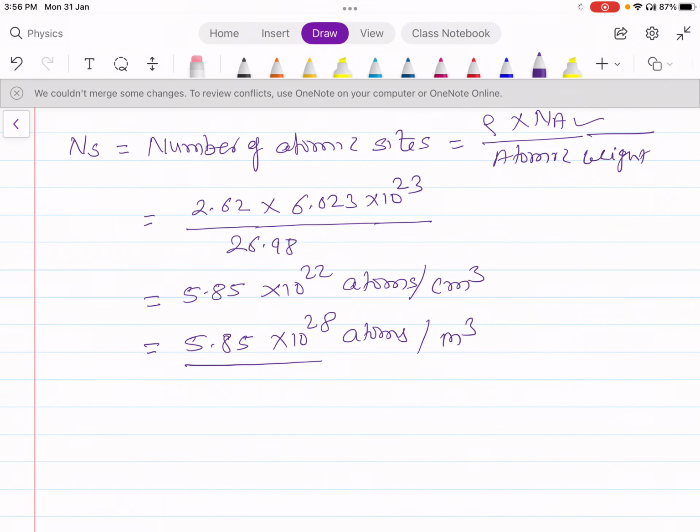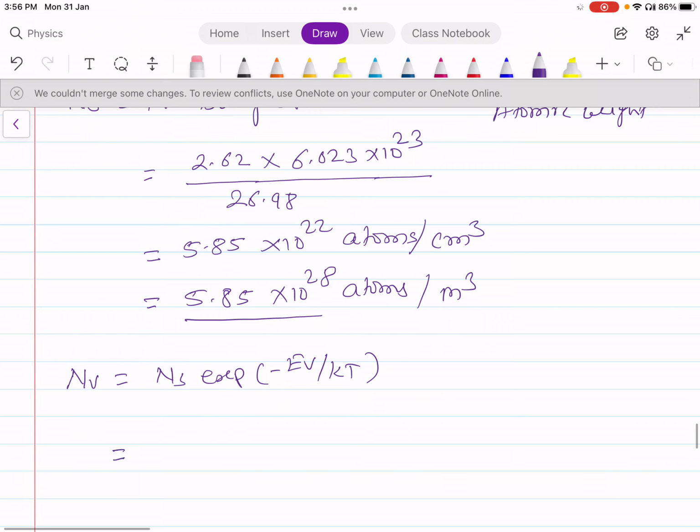Then let's find the value of Nv, which is, as I wrote here, Ns into exponential of minus Ev by kT. Let us substitute the values.